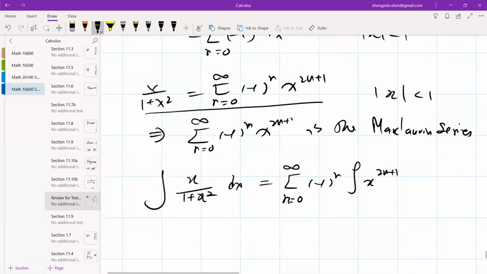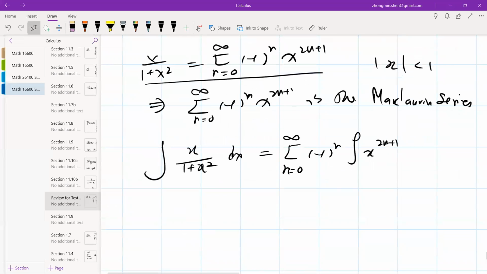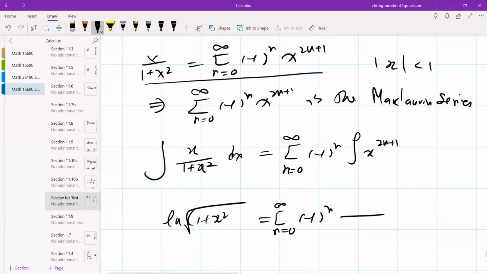I find this side is going to be natural log of 1 plus x squared, divided by 2. On the other side, integrating term by term gives x to the 2n plus 2 over 2n plus 2, plus a constant.